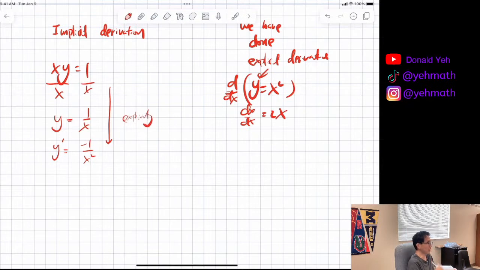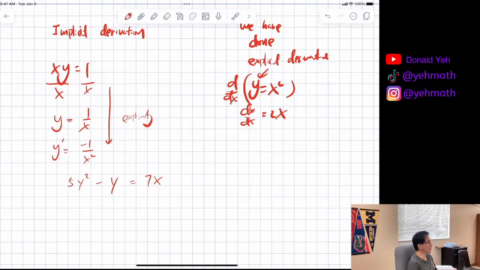Now, what if I don't want to solve for y? What if I just want to do x times y equals 1 and take a derivative at this moment? Is it possible to take a derivative at this moment? That becomes very important because not all functions are able to be solved for y. I'm going to give you an example: 5y squared minus y equals 7x.